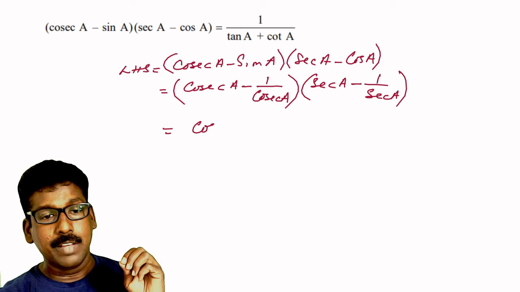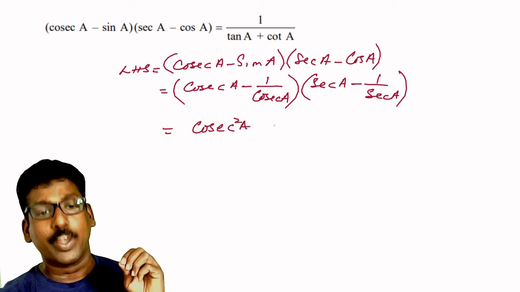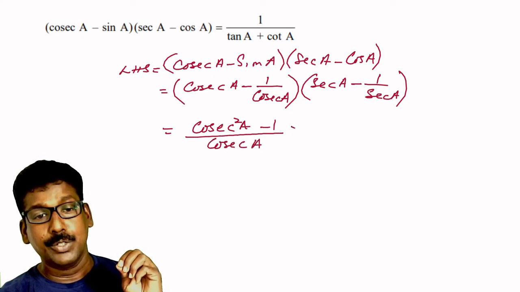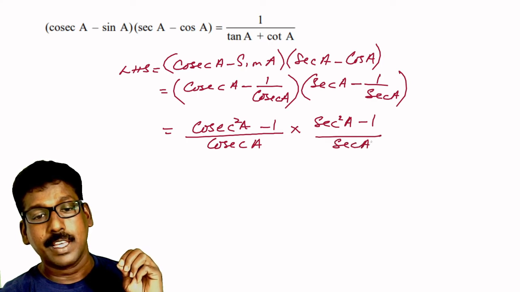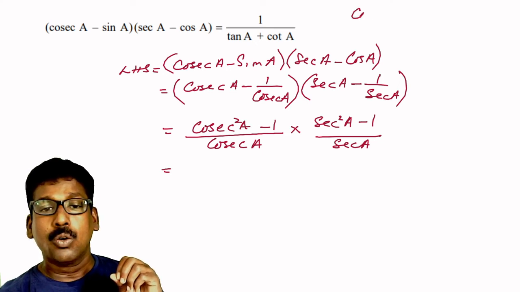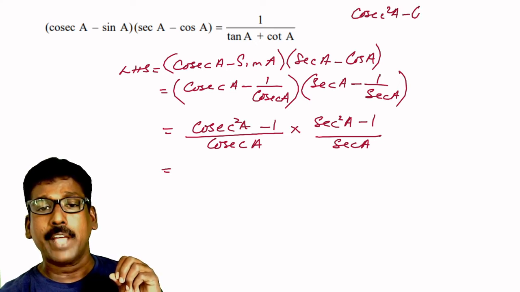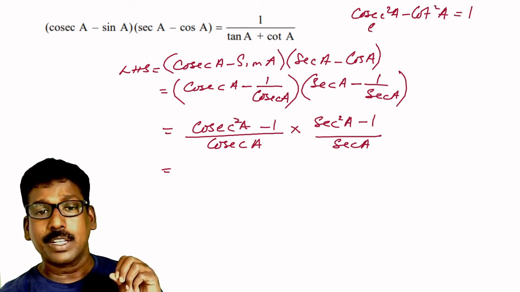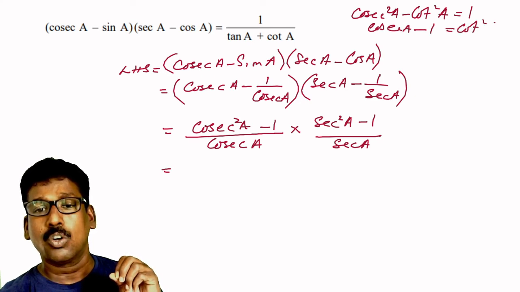Cosec A into cosec A, cosec square A minus 1, all divided by cosec A, into this one, sec square A minus 1 by sec A. Now what is cosec square A minus 1? You know cosec square A minus cot square A is equal to 1. So cosec square A minus 1, it will be cot square A.